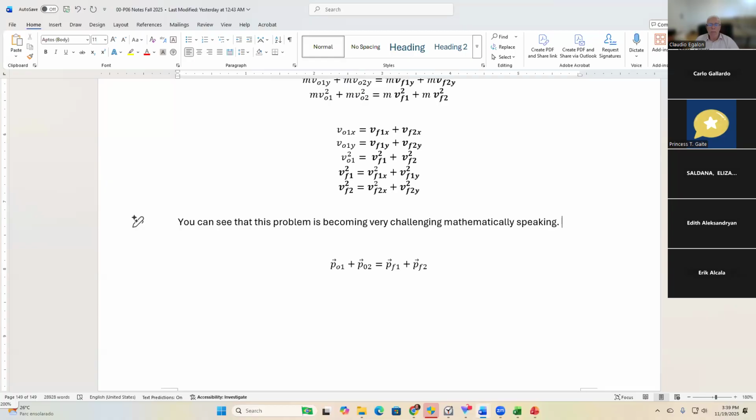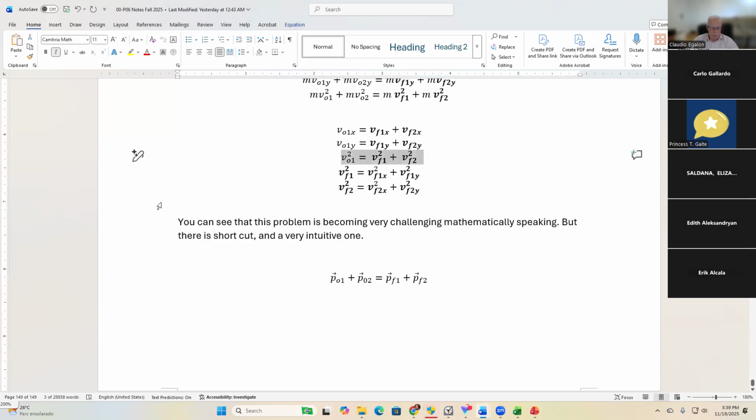Mathematically speaking. But there is a shortcut. There is a shortcut. An intuitive one, a very intuitive one. Okay? We are going to use this equation. And we are going to use the initial vectorial equation.